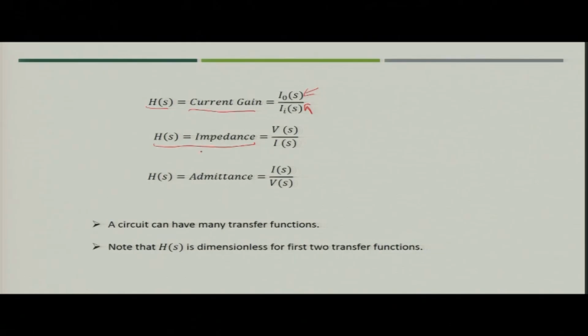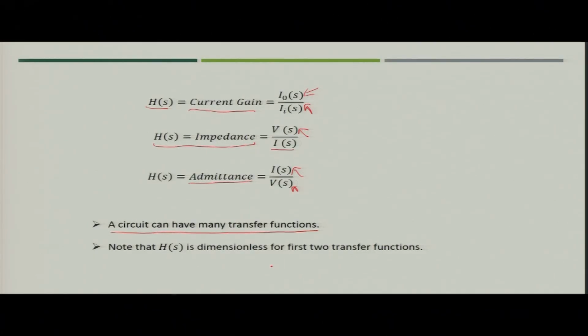Now, the next transfer function can be an impedance, where output is in the form of voltage while input is in the form of current. Similarly, it can be admittance also, where output is in the form of current and input is in the form of voltage. So, then it will become Is divided by Vs. So, in that way we can say a particular circuit can have many transfer functions.